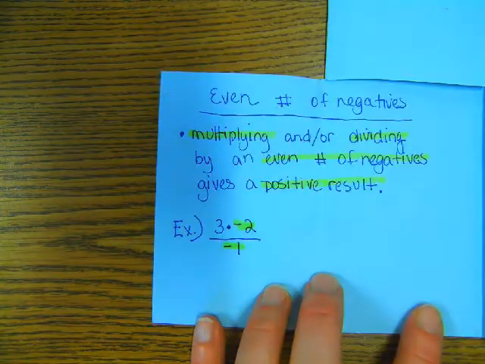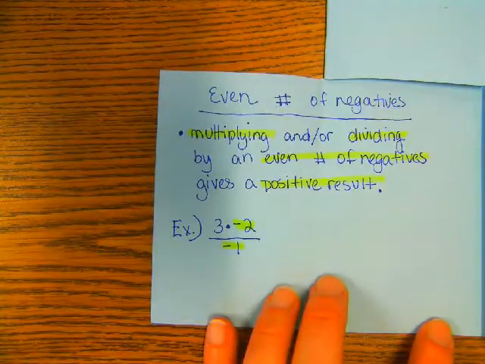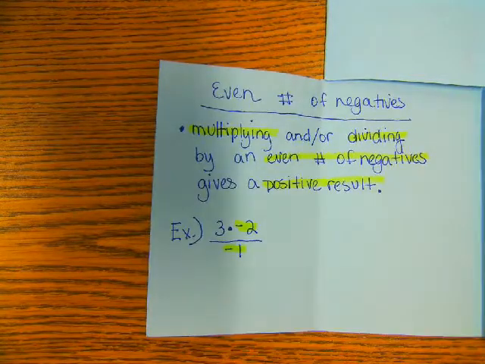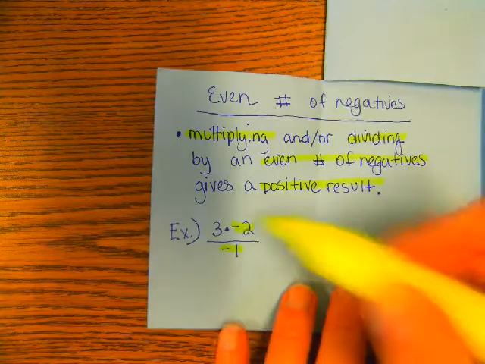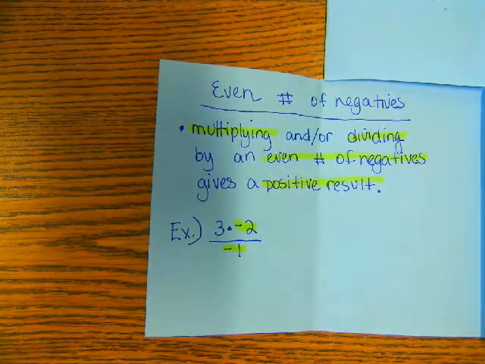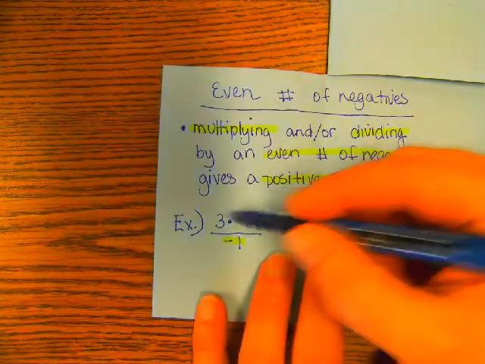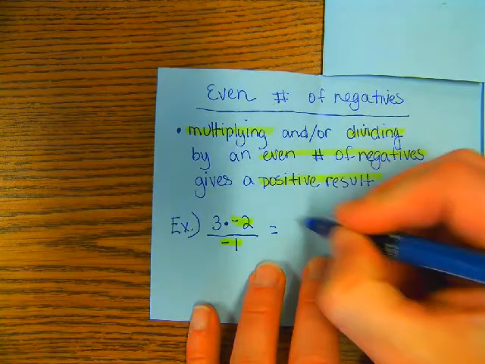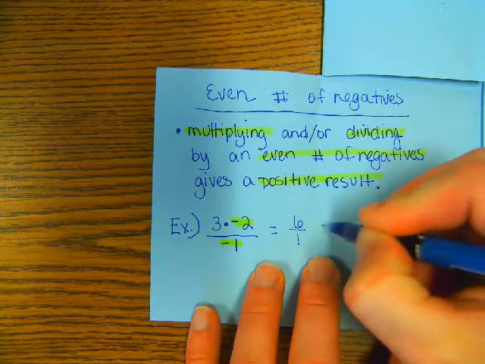How many things is that? 2. Is that an even number? Yes. So because of that, the whole thing is opposite, opposite, meaning it's going to be positive, and then I can just go forwards. So 3 times 2 is 6. 6 over 1 is just 6.